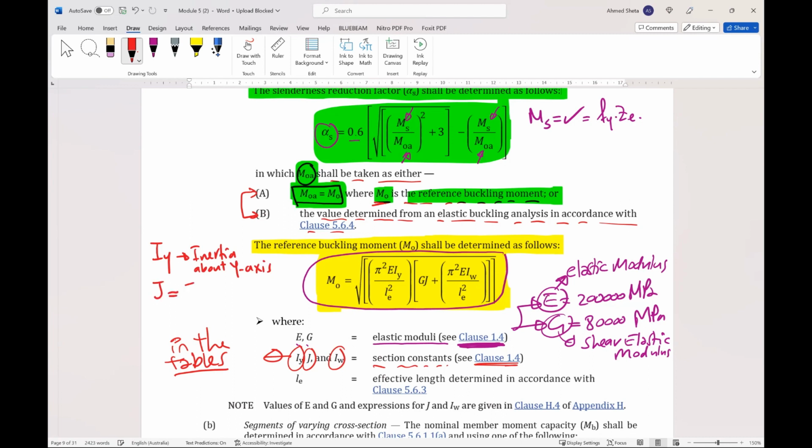J is Ix plus Iy, which is the polar moment of inertia, or the inertia that resists torsion. Iw is the warping modulus, which is also a property of the material.